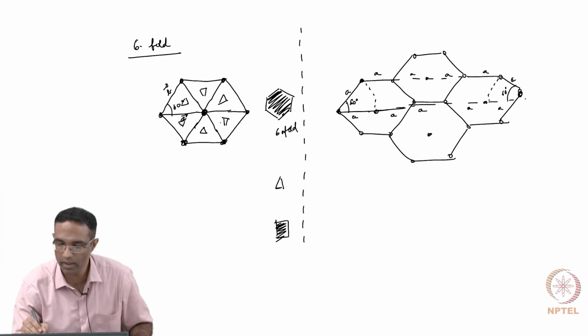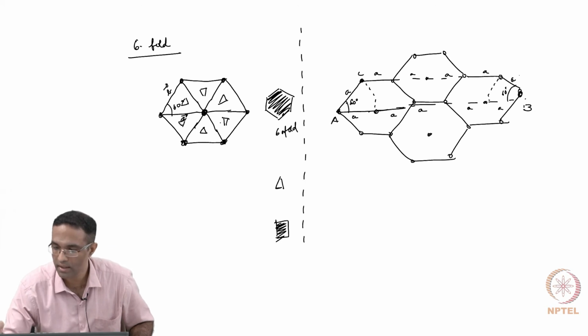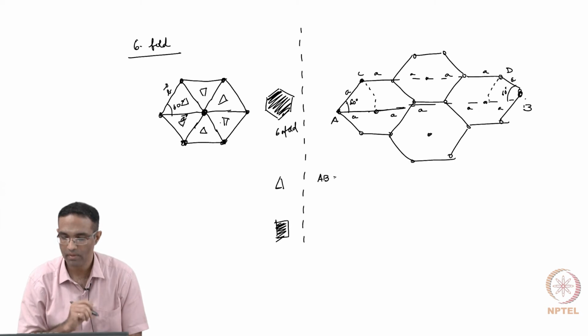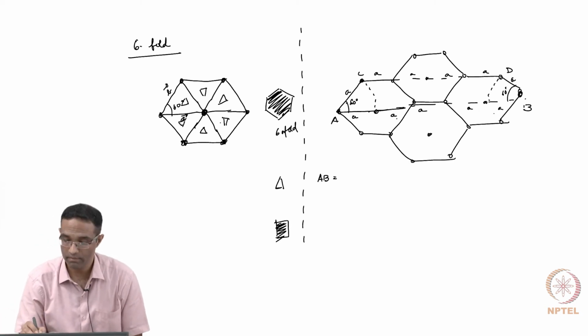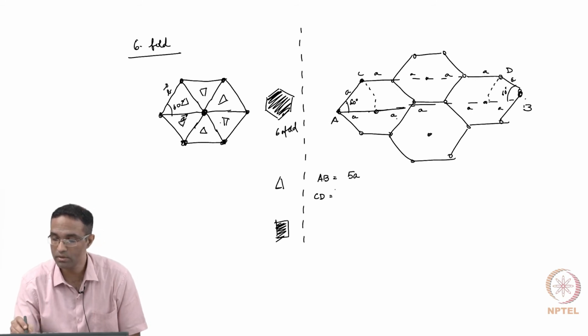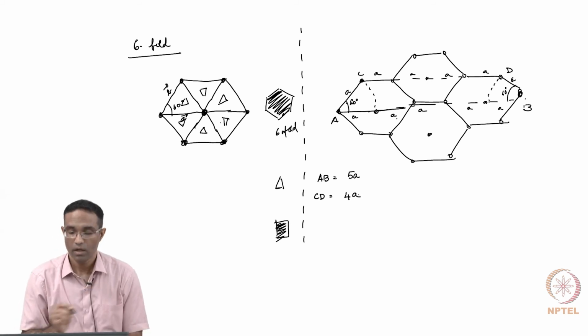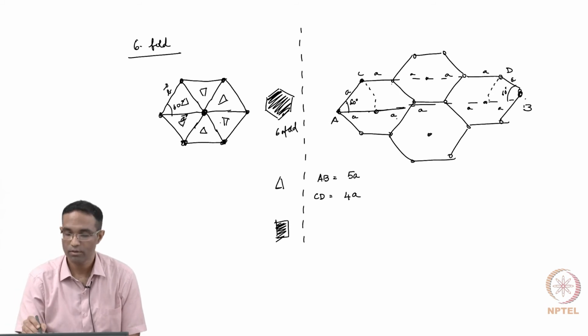Now let us take a look at the distance AB and CD. What is AB? AB is 1, 2, 3, 4, 5A. And what is the distance CD? 1, 2, 3, 4, 4A. Now let us try to calculate the distance CD from just AB, knowing the fact that this is 60 degrees. What would you do?